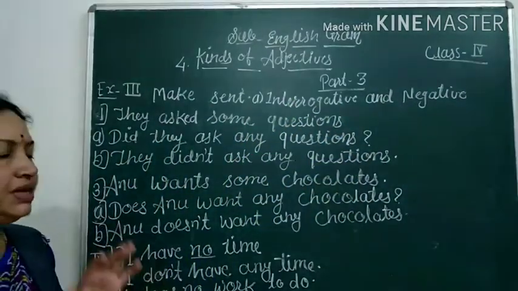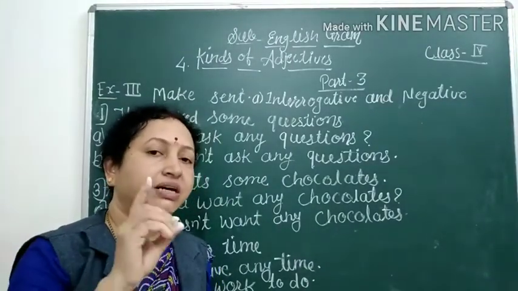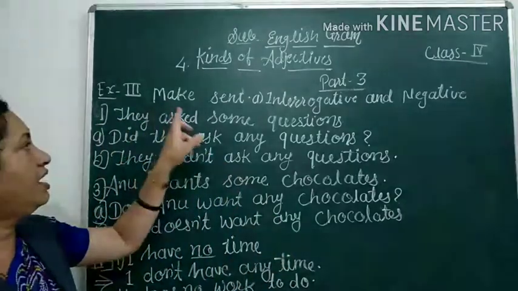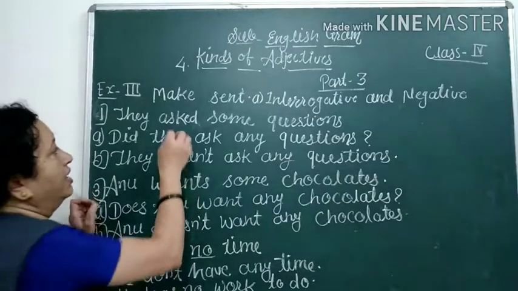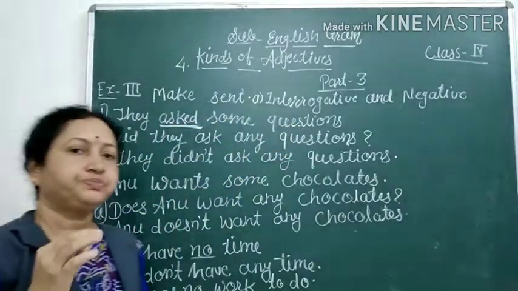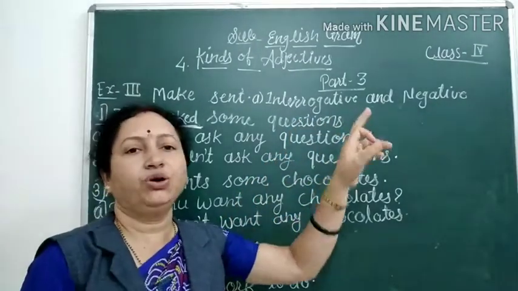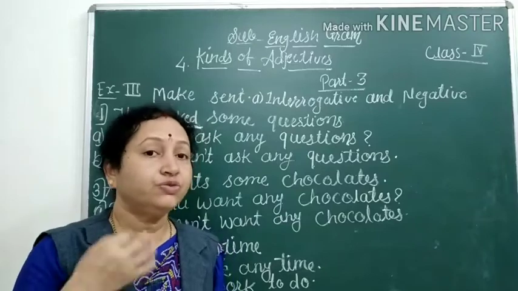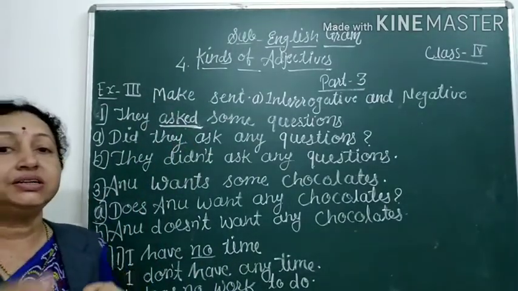Okay. So the first sentence is already here. They asked some questions. Whenever we have to make an interrogative or negative sentence, first of all we search for what the tense is.